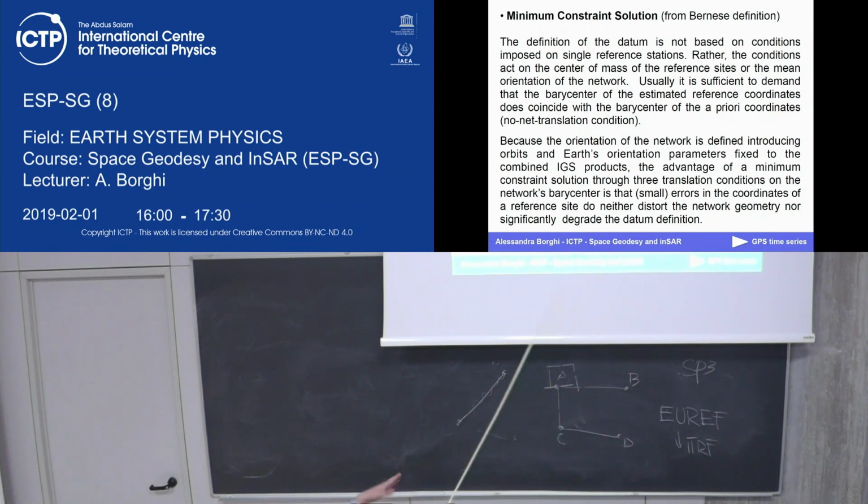Usually it's sufficient to demand that the body center of the estimated reference coordinates does coincide with the body center of the a priori coordinates, a no-net translation condition. Because the orbit parameters are fixed to the combined GS product, the advantage of a minimum constraint solution is the three translation solution.